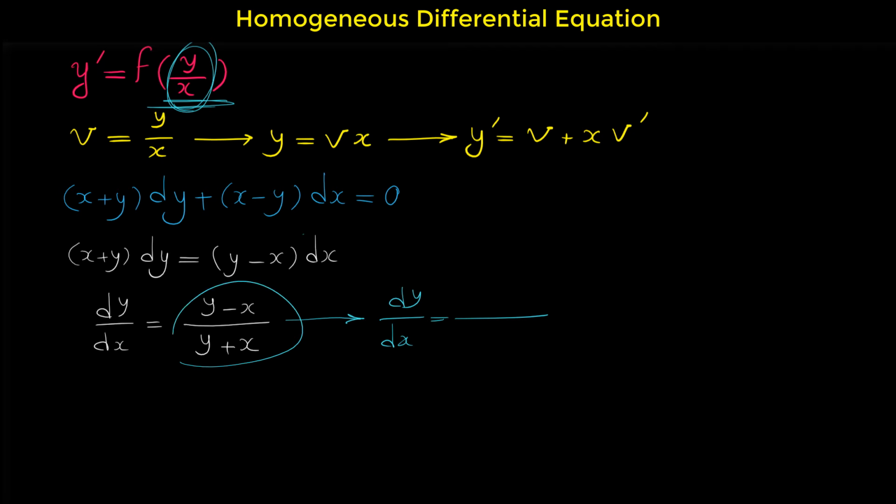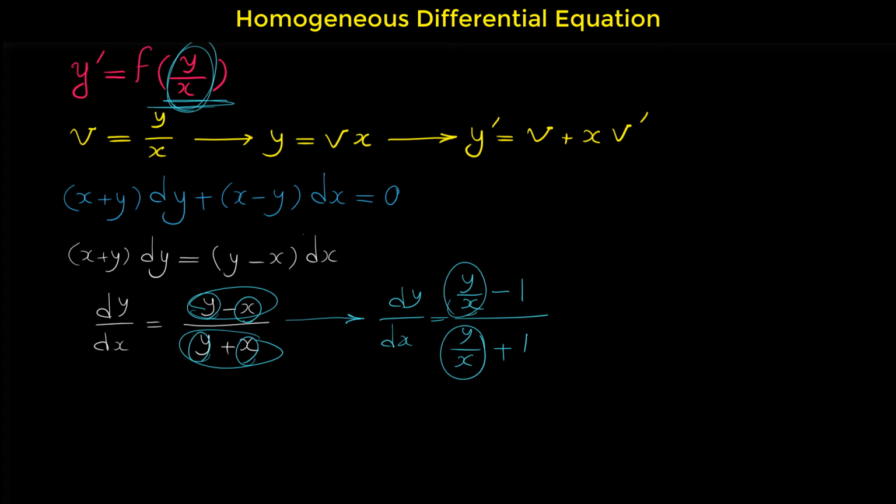If we divide the numerator and denominator of this fraction by x, y divided by x gives y over x, and x divided by x gives minus 1. And in the denominator, y divided by x gives y over x, and x divided by x gives plus 1. And now you can see y over x here and here. Now it is more obvious that this differential equation is a homogeneous differential equation.